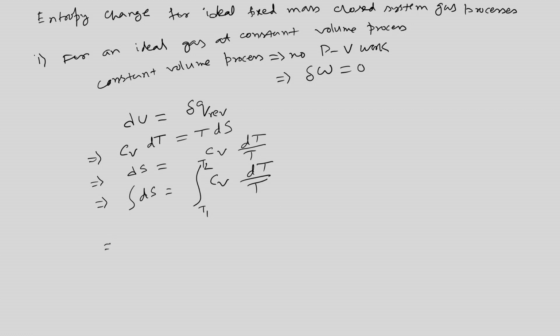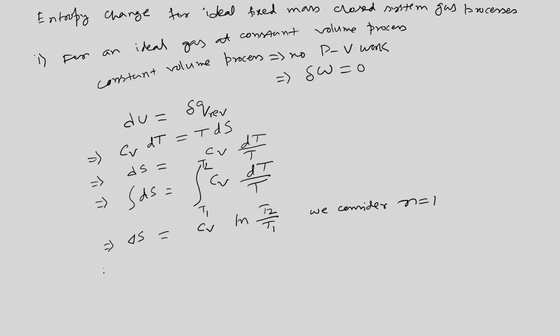So, we can write delta S or S2 minus S1. If we consider Cv is independent of the temperature, then we can take Cv out, Cv ln T2 by T1. Here we consider the number of moles is 1.